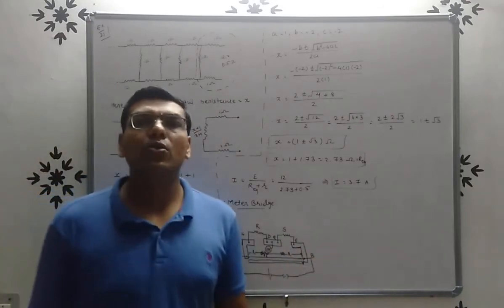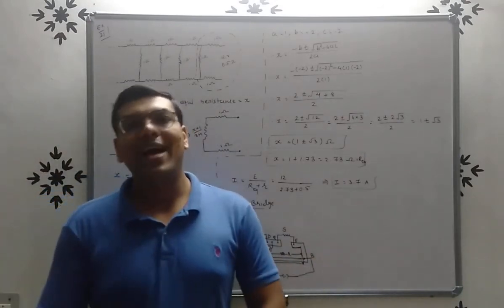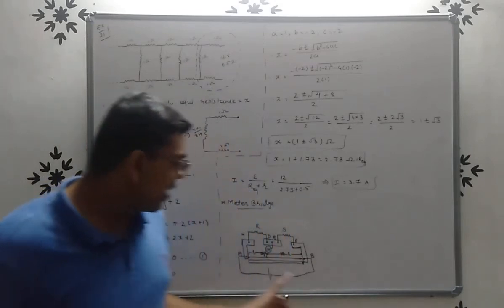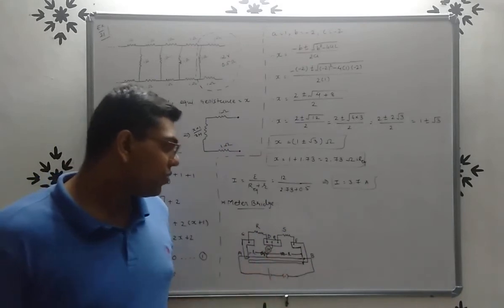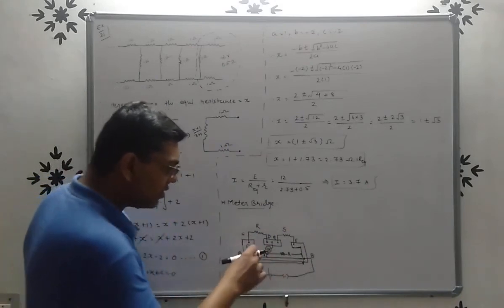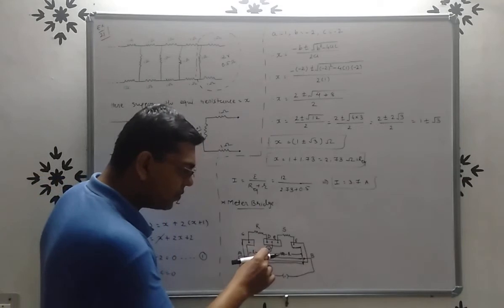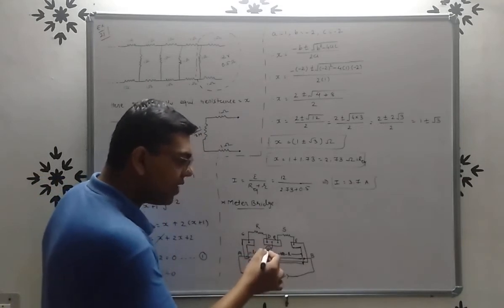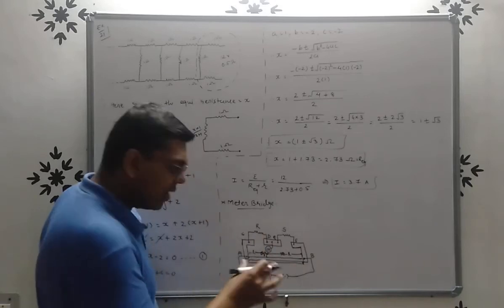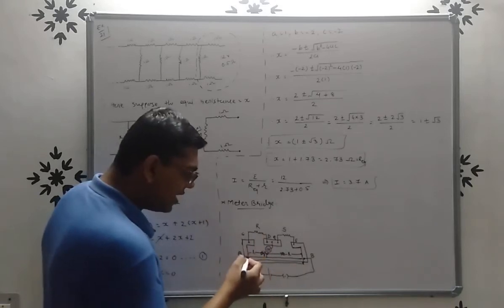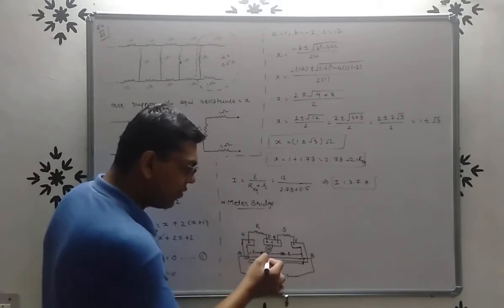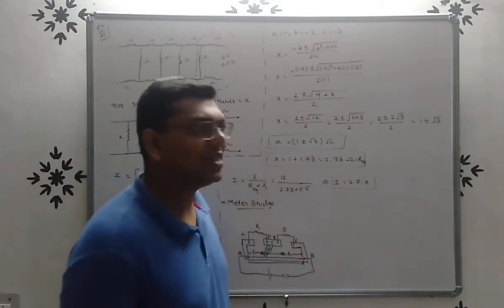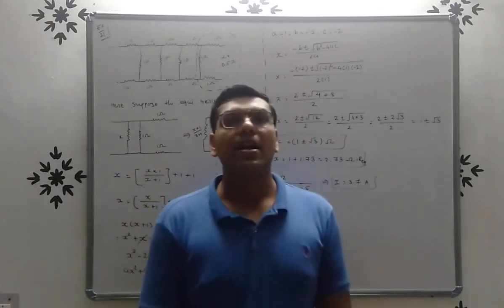So we have to move the jockey on the wire, and suppose at point G the deflection of galvanometer is 0. Now what happens? We assume that the length from A to G is L, and from G to B is 100 minus L, right?